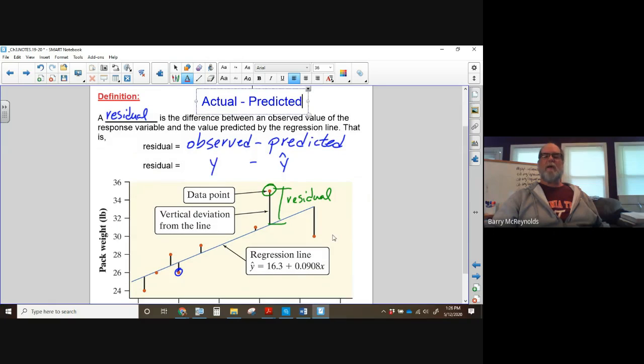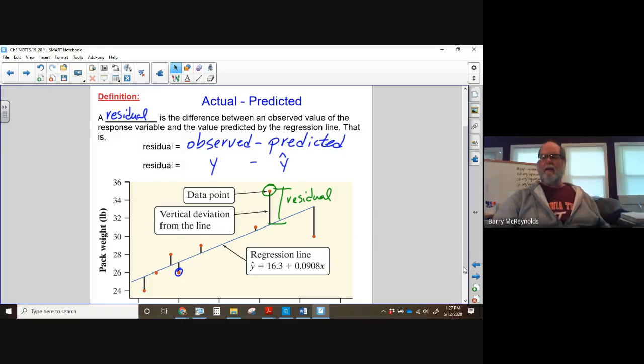And the reason we square the residuals is the same reason we did it with the standard deviation. If we just added the residuals in terms of their value, that sum would come to 0. And so we square them so that we can keep track of the size of these residuals, and we want to make sure that the average distance above the line is equal to the average distance below the line.